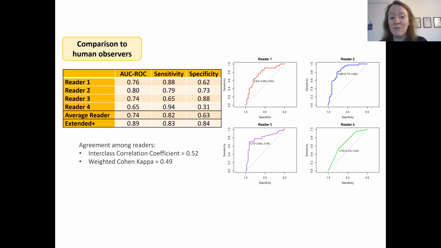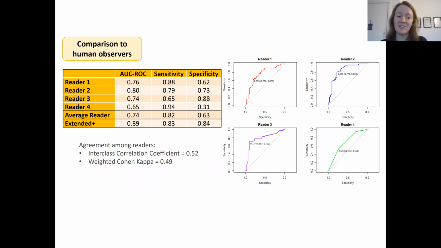And where the true benefit of the machine learning tool was in specificity. So that's in being able to determine which are actually true fungal infections compared to false fungal infections.